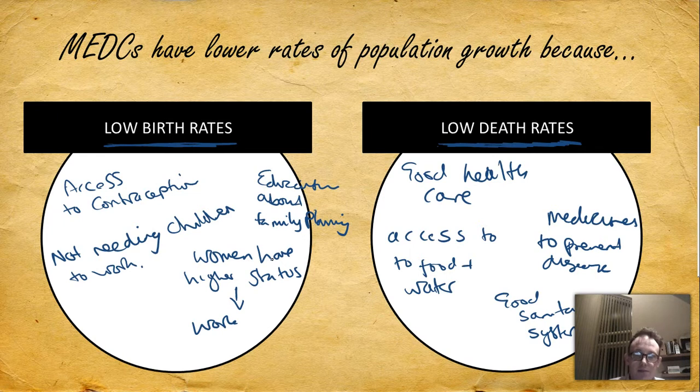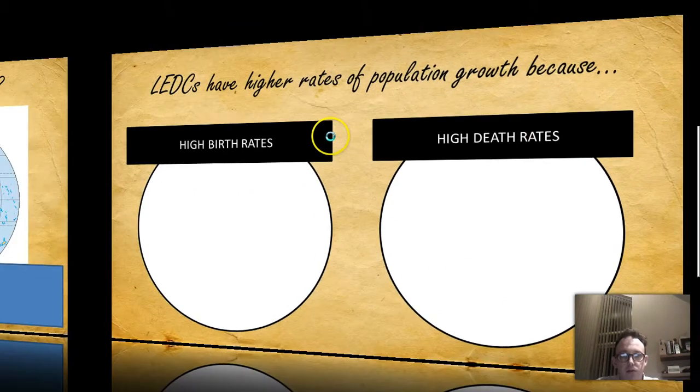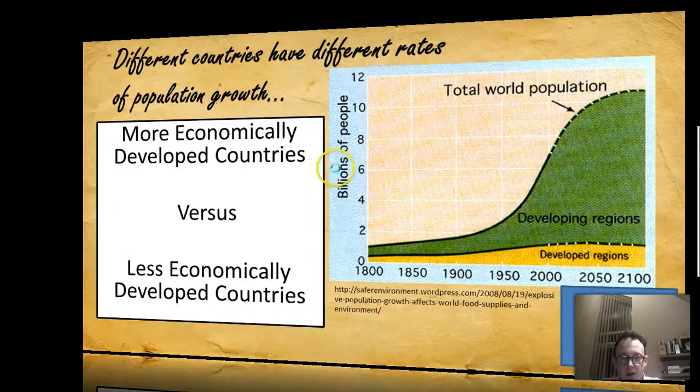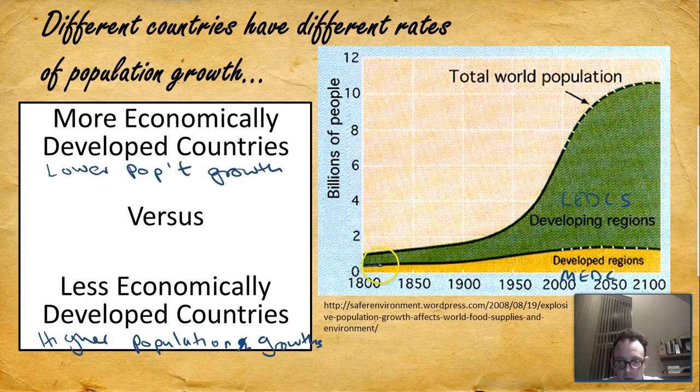Because these are both low, that means the population in MEDCs is quite steady. It doesn't really grow much. It's just quite steady. If we go back to our original graph, we can see that this is the case. We've got really slow, not much growth at all in those developed countries.